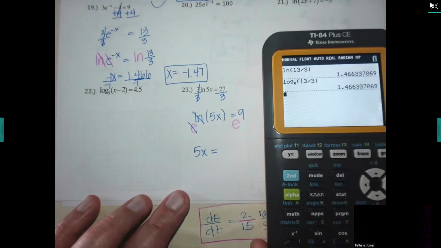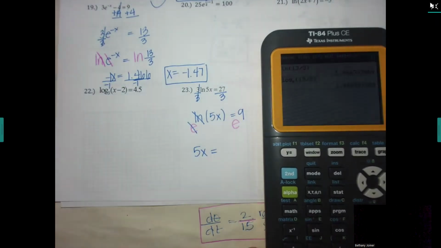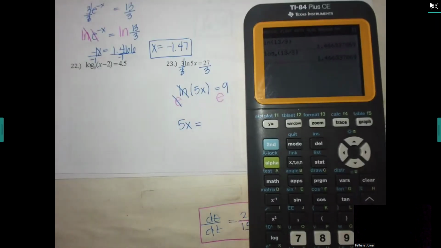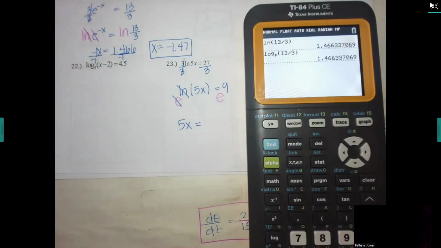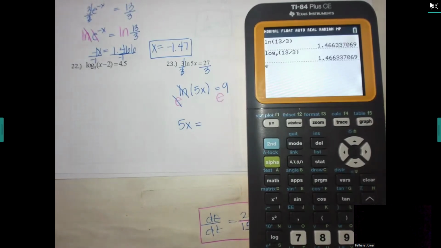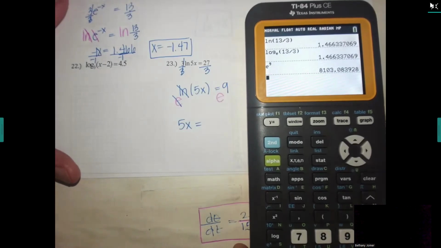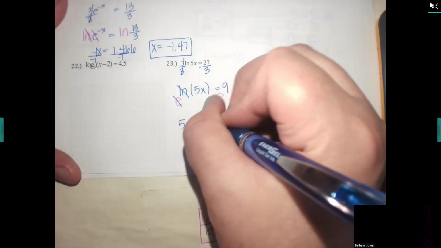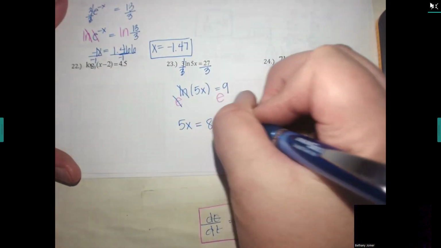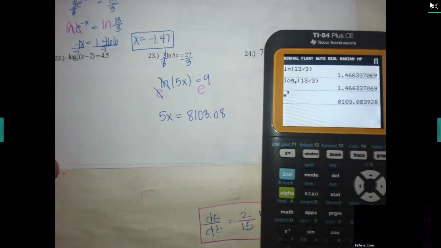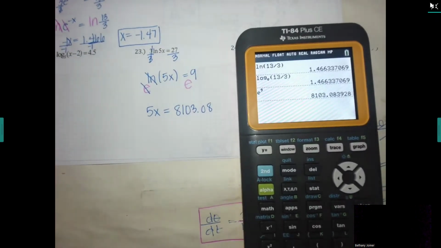And then you should remember from last class that e is on the second divide by button. So second divide by pulls up my e, then I put up to the 9. Okay, remember, e should be your big base. 9 moves up as the little exponent. So I got 8,103.08. And then what's my next step to get rid of the times 5?